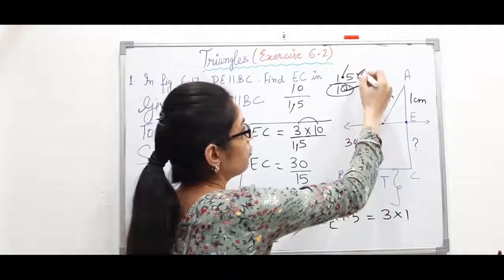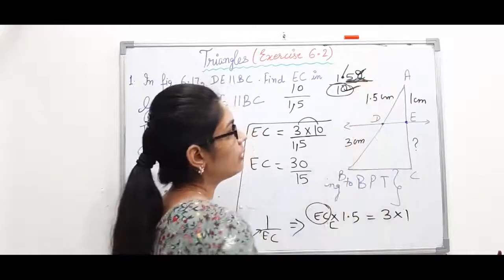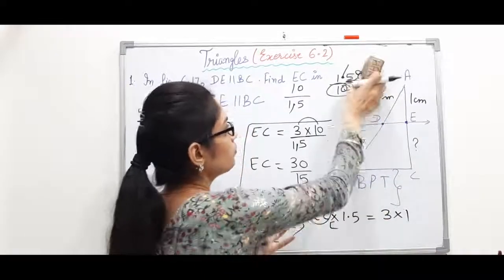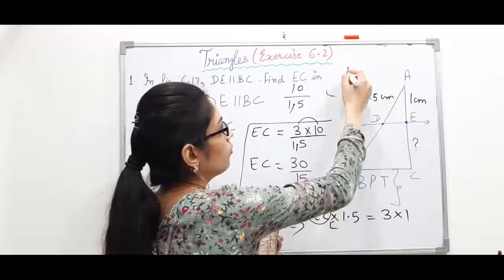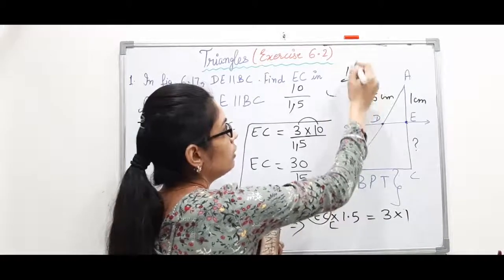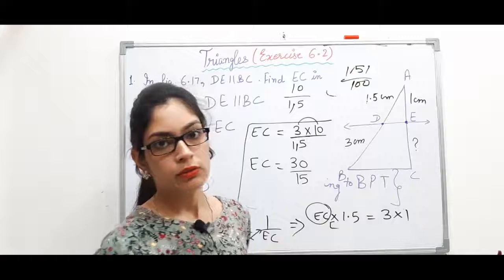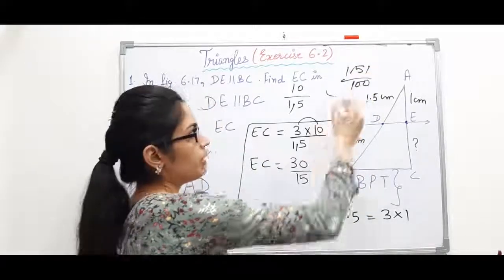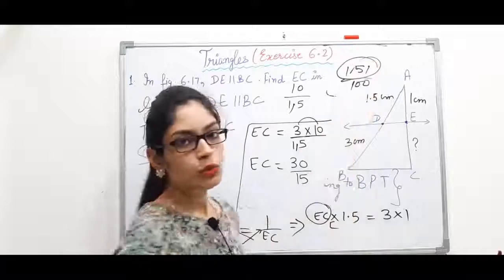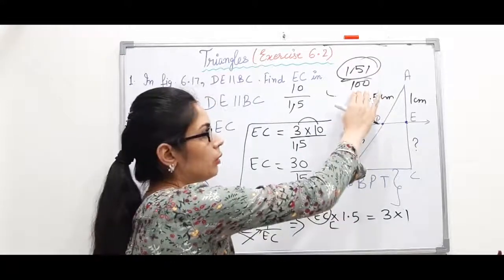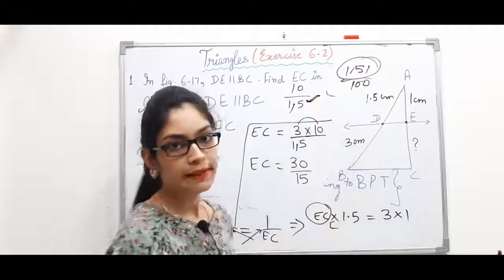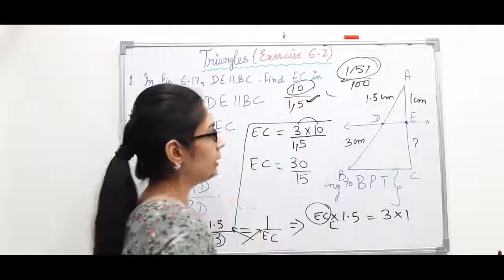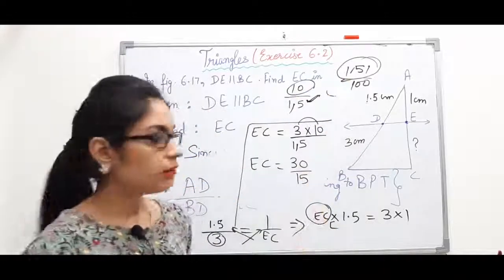If you have 1.52, like 2 digits after the decimal, or 1.51 for example, you have to write 100. So it depends on how many digits you have after the decimal. If the term is in the numerator, you have to write this term in the denominator. If the term is in the denominator, you have to write this term in the numerator. That's what we have done just now.